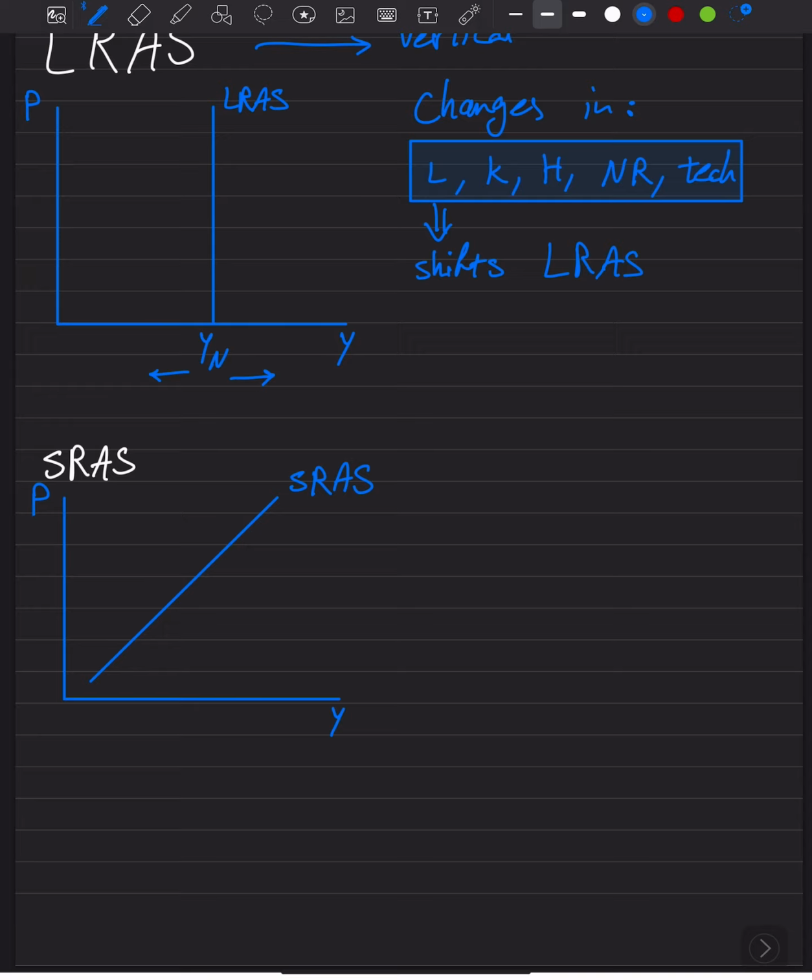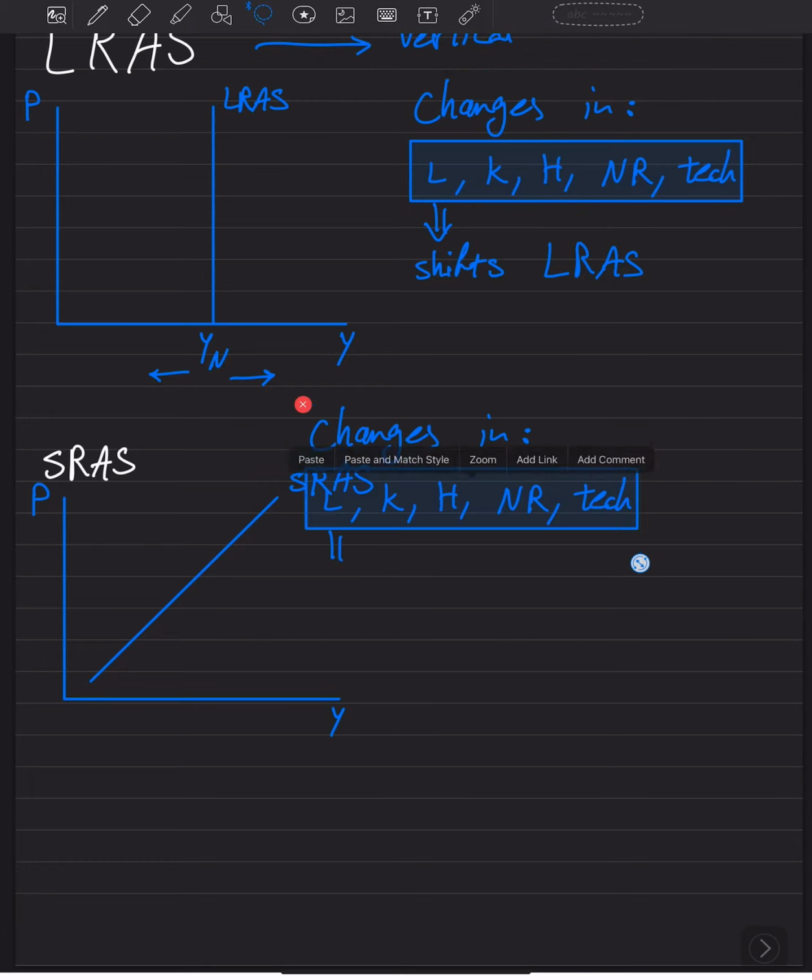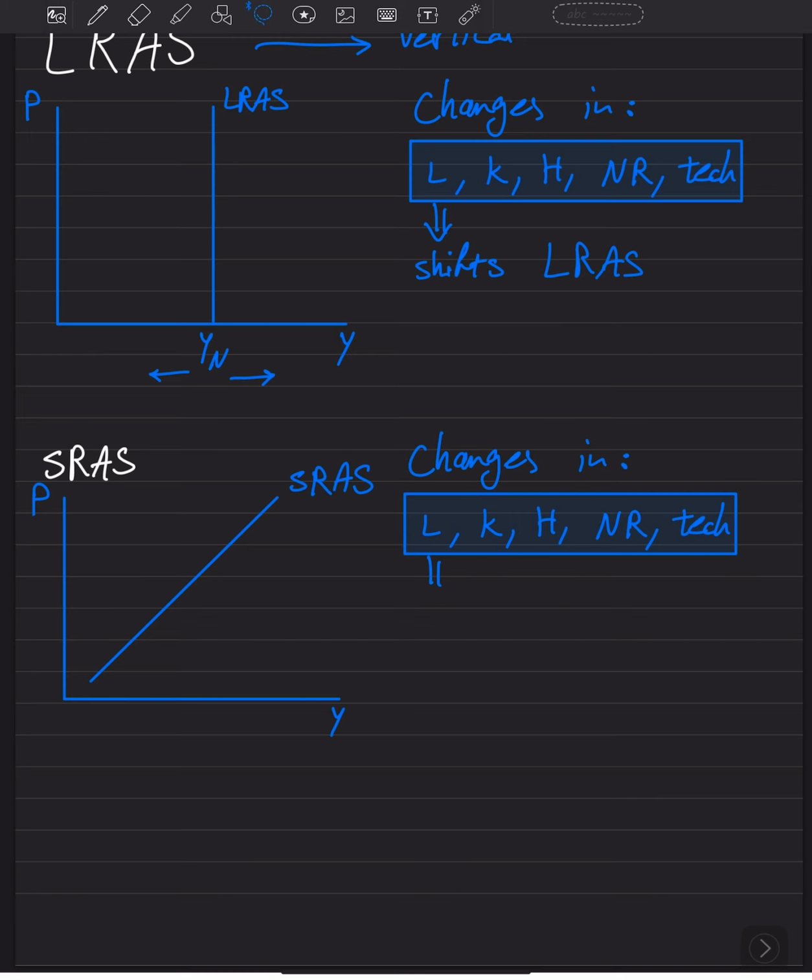However, this curve shifts when all of these factors change. If any of these factors change, we're going to see that short run aggregate supply will shift. If they are increasing the production, the short run aggregate supply will shift to the right.